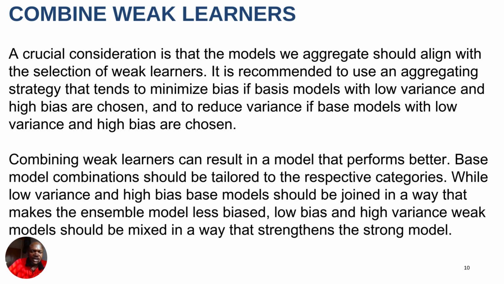Combining weak learners can result in a model that performs better. Base model combination should be tailored to the respective categories, while low variance and high bias base models should be joined in a way that makes the ensemble model less biased. Low bias and high variance weak models should be mixed in a way that strengthens the strong model.